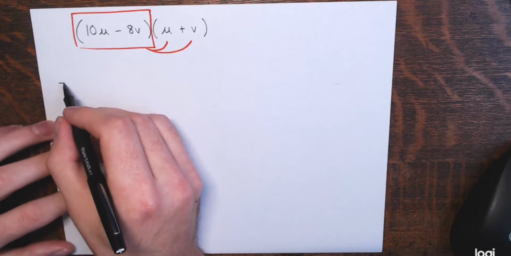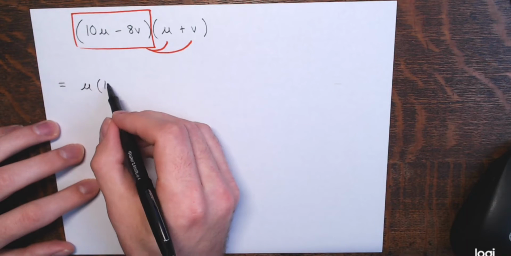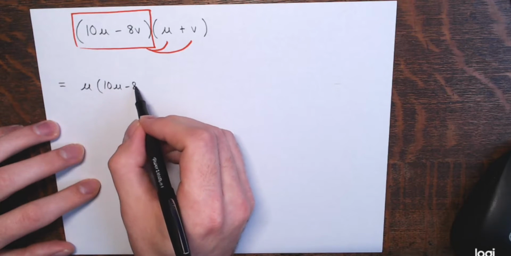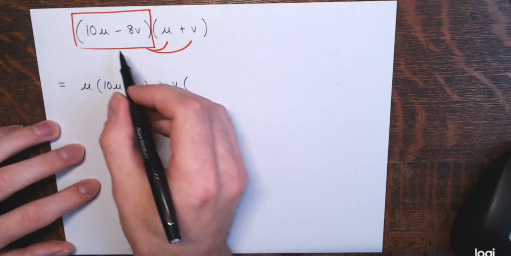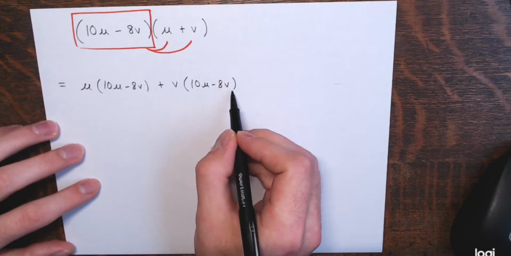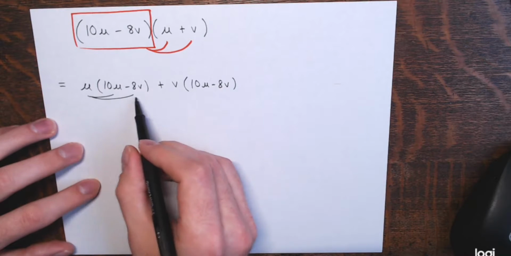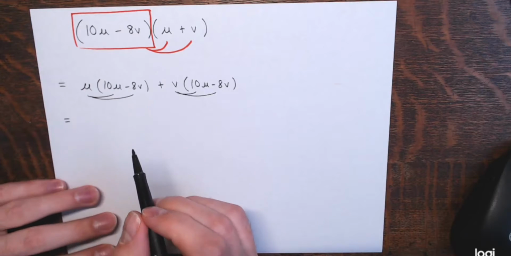So this is u times the 10u minus 8v plus, and then v times the 10u minus 8v. And then we distribute the u, distribute the v, and we get the following terms, the following monomials.